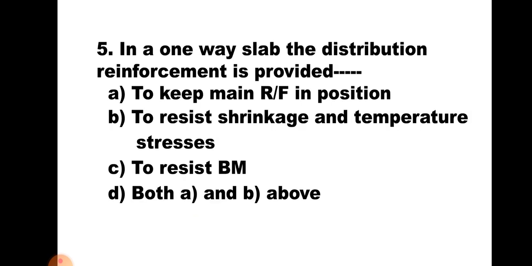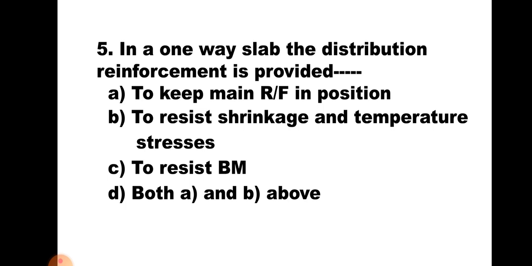Question number 5. In a one-way slab, the distribution reinforcement is provided: A. To keep main reinforcement in position, B. To resist shrinkage and temperature stresses, C. To resist bending moment, and D. Both A and B above. Now let us see what the functions are.